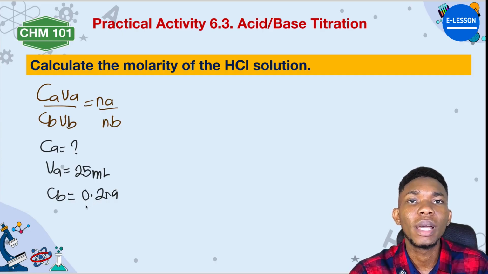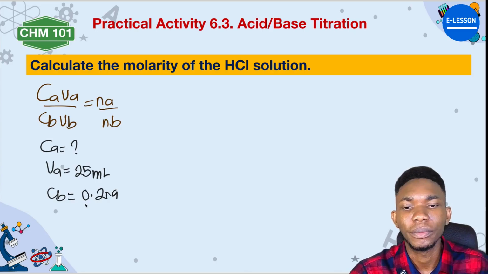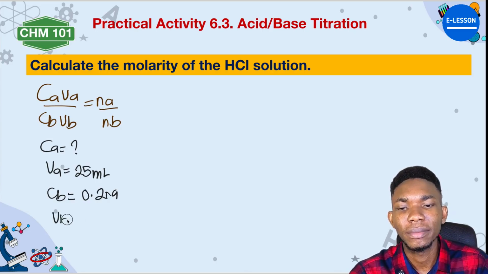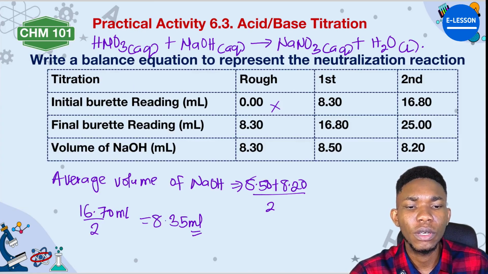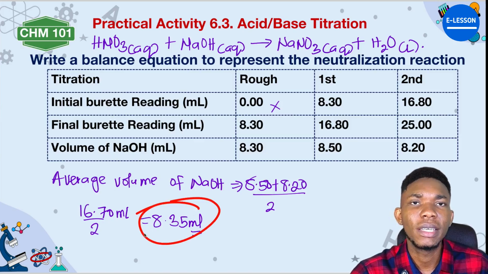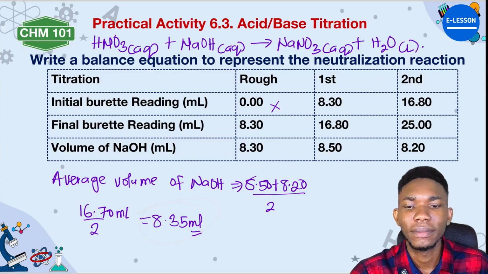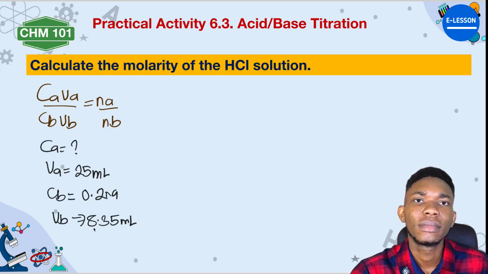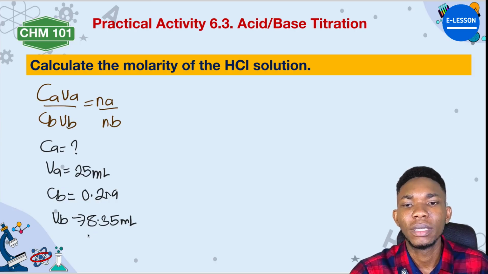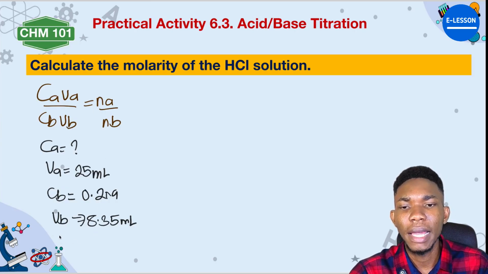Vb, the average volume you calculated for your titration, is 8.35 mL.